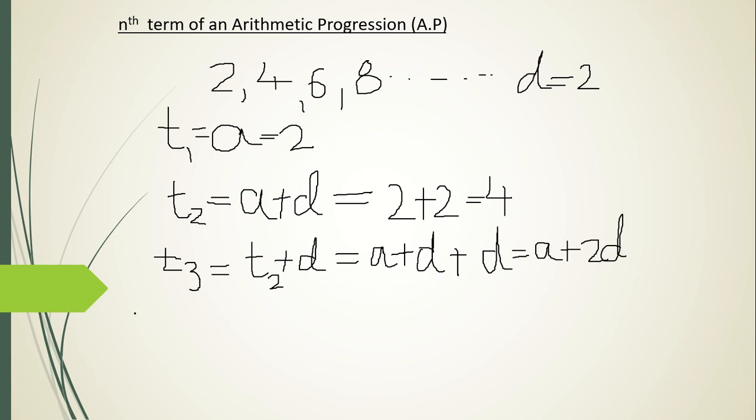Now I want to find the fourth term of this AP. In order to find the fourth term, what will I do? In T3 I will have to add the difference.